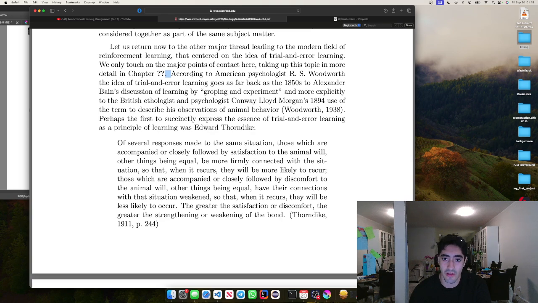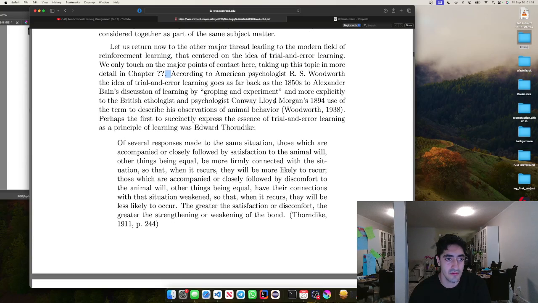According to American psychologist R.S. Woodworth, the idea of trial and error learning goes as far back as the 1850s to Alexander Bain's discussion of learning by groping and experiment, and more explicitly to the British ethologist and psychologist Conway Lloyd Morgan's 1894 use of the term to describe his observation of animal behavior.